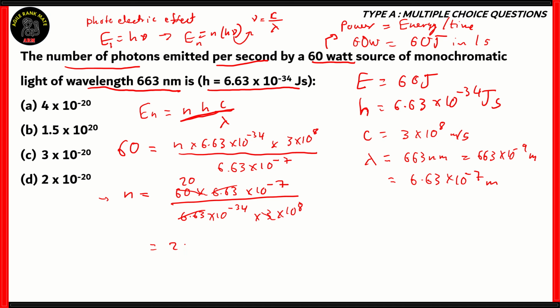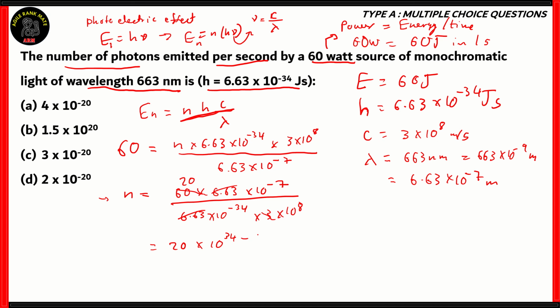So you get a total of 20 times 10 raised to... 10 raised to minus 34 in the denominator becomes plus 34 when you take it up to the numerator. 10 raised to 8 in the denominator becomes 10 raised to minus 8 in the numerator.